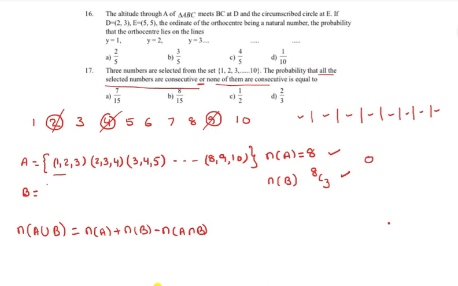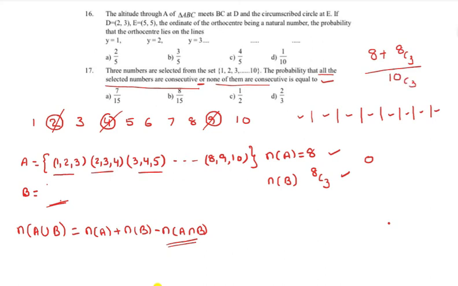The reason is A denotes all three numbers are consecutive, B denotes none of them is consecutive. That's why the number of elements in A intersection B is equal to 0. So the required probability has favorable cases 8 plus 8C3, divided by the total number. Total number means what? From 10 numbers you can select any 3 numbers.